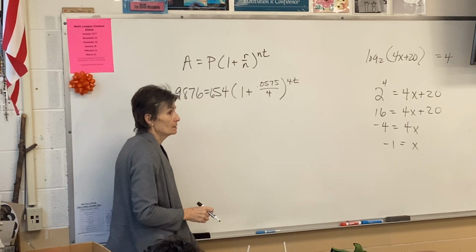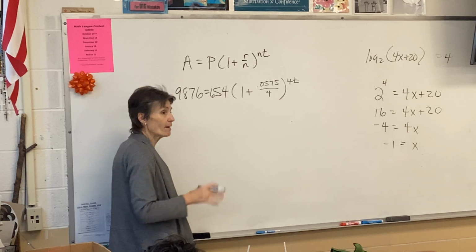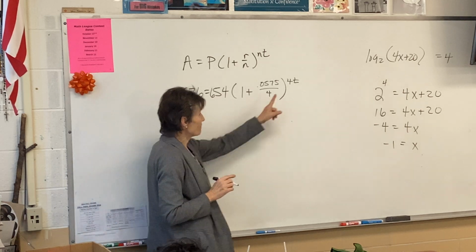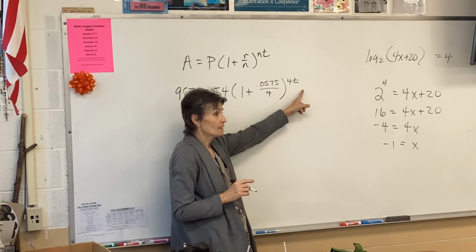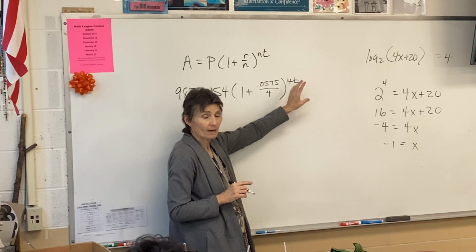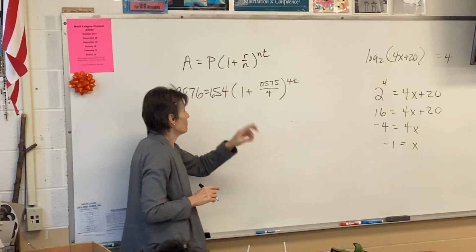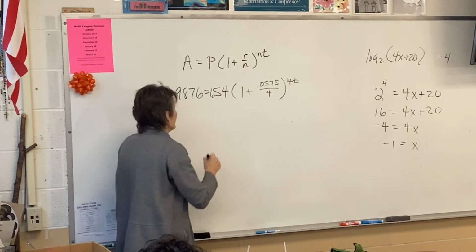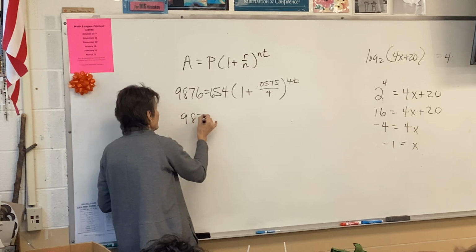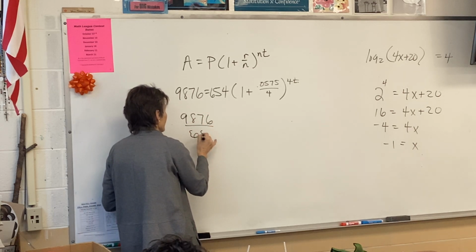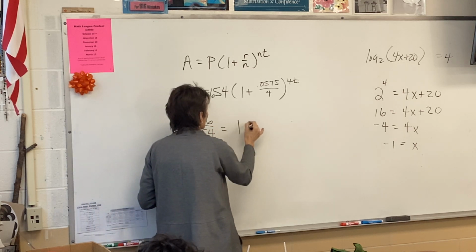Okay? So the first thing I have to do, I know that eventually I'm going to need a logarithm, because anytime my variable is up here in the exponent, I need logarithms to bring it down. But that's not what happens first. What happens first is I'm going to divide.